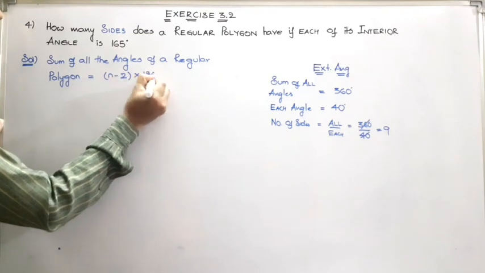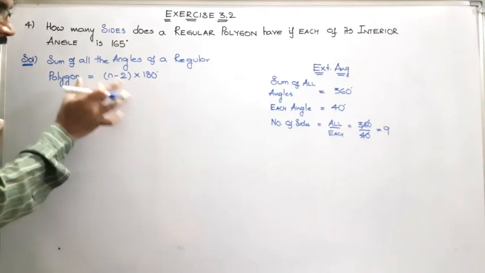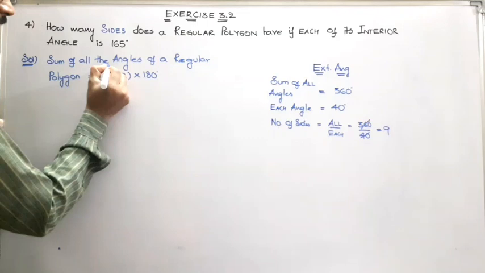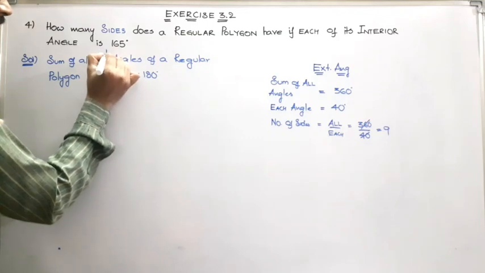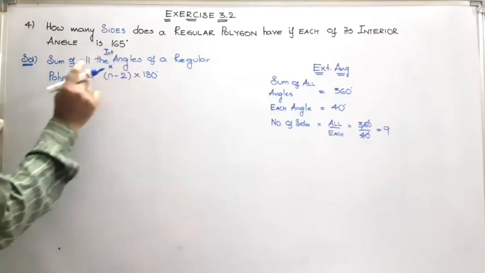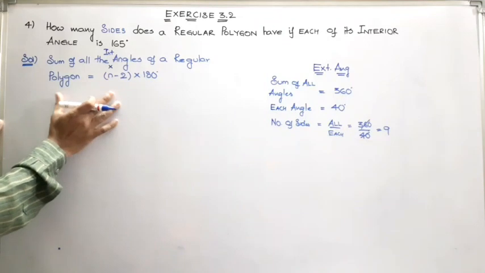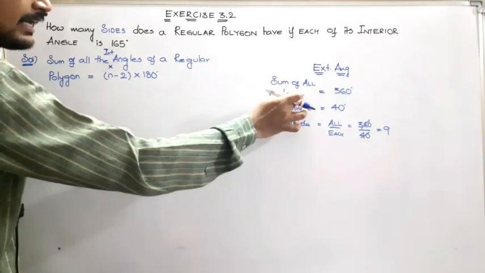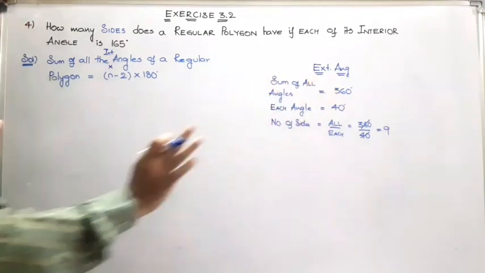This is what we have learned. If it is the sum of all interior angles, you please write interior, children. The sum of all the interior angles of a regular polygon is (n minus 2) into 180. What about exterior angles? All 360 degrees.